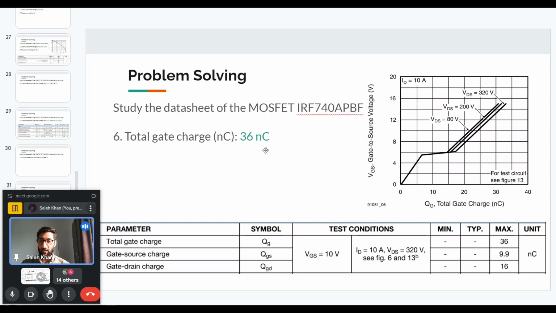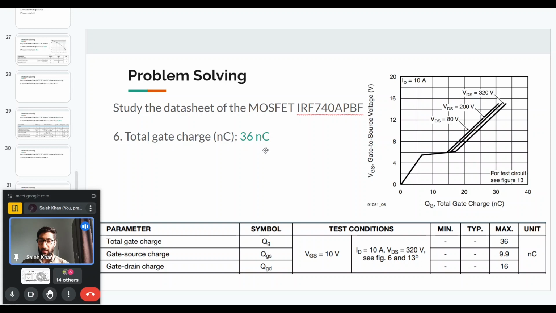So next we are asked about the typical turn on time of the MOSFET. And again, you can see the datasheet parameters, switching parameters. So the turn on time basically includes the turn on delay time and the rise time. So the sum of these two times, which is 35 nanosecond plus 10 nanosecond, this 45 nanosecond total is the typical turn on time.